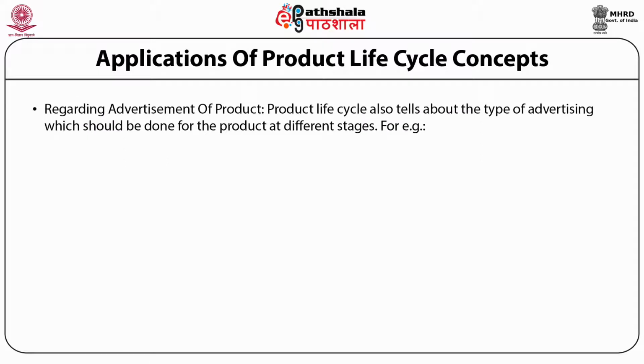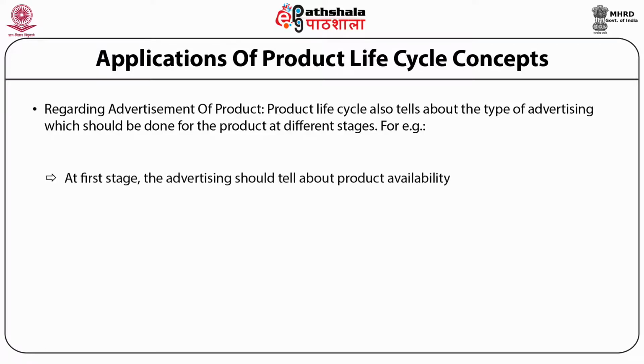Product life cycle also tells about the type of product advertising which should be done for the product at different stages. For example, at the first stage, the advertising should tell about product availability.